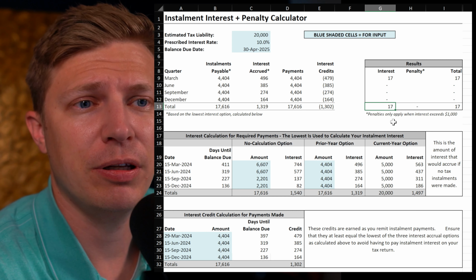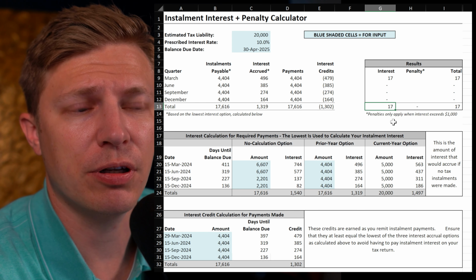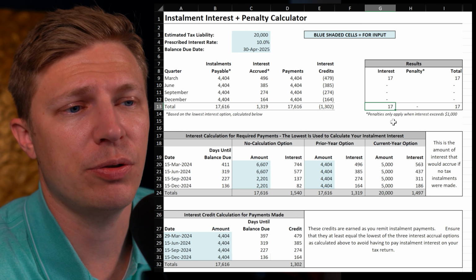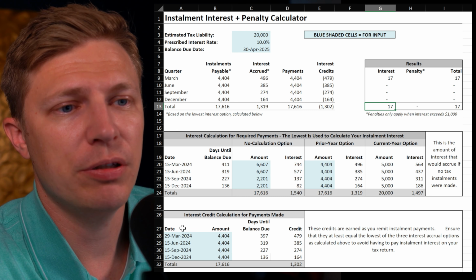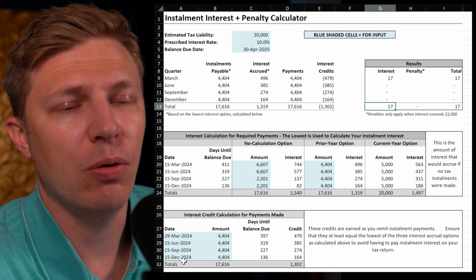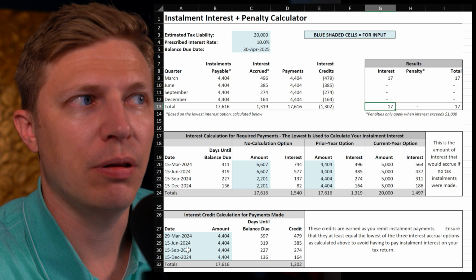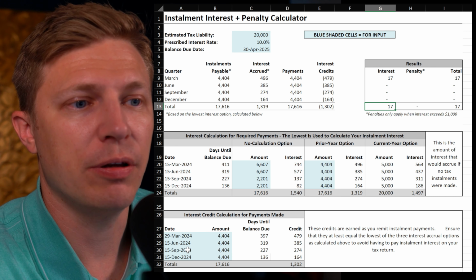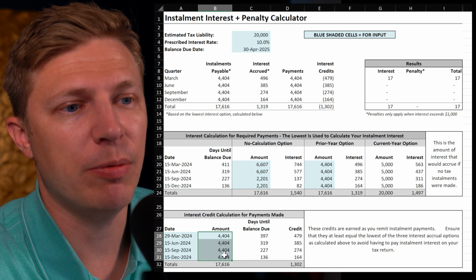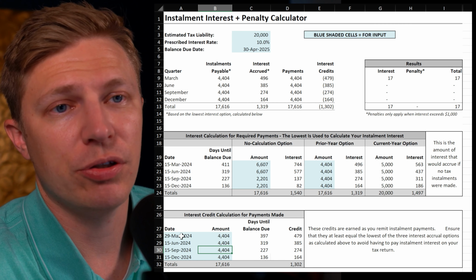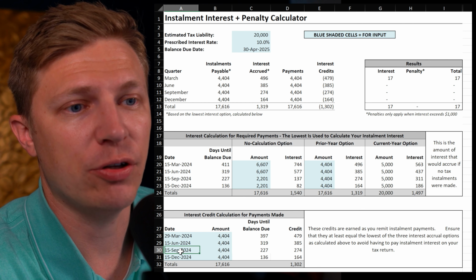And it's very easy to fix, to completely eliminate the interest as well. All we would need to do is make one of these later in the year payments early. Given that these payment amounts are all the same, it's just a straight one day for one day match that we need to do.